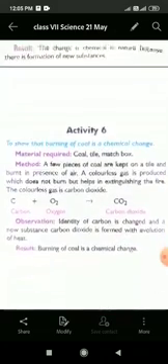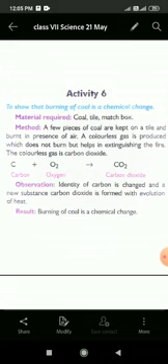Another activity is to show that burning of coal is a chemical change. The materials required are coal, a tile, and a matchbox. The method is that a few pieces of coal are kept on a tile and burnt in the presence of air. A colorless gas is produced which does not burn but helps in extinguishing fire.